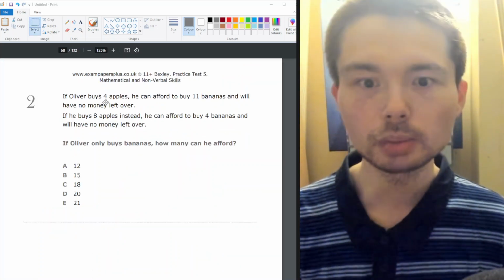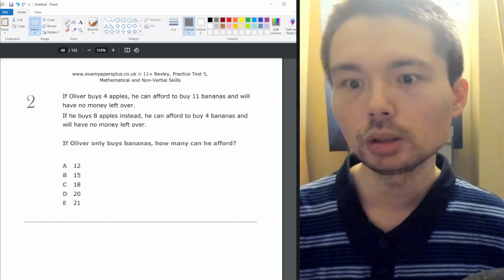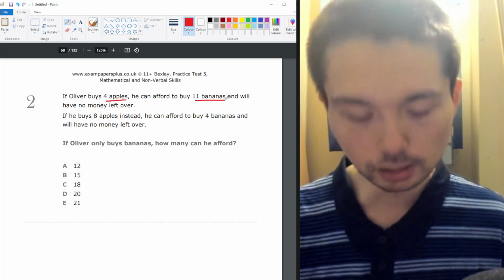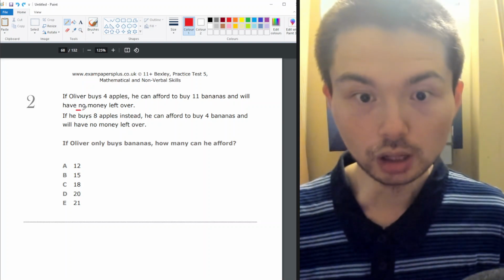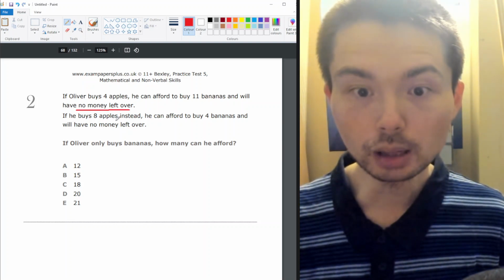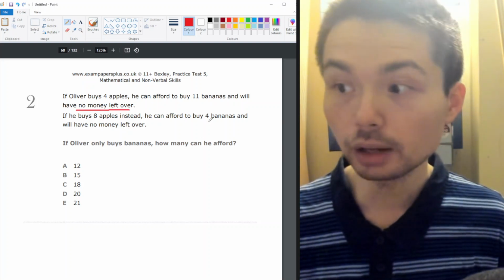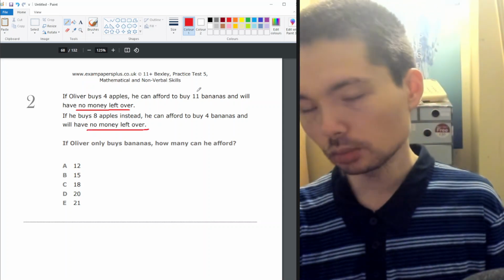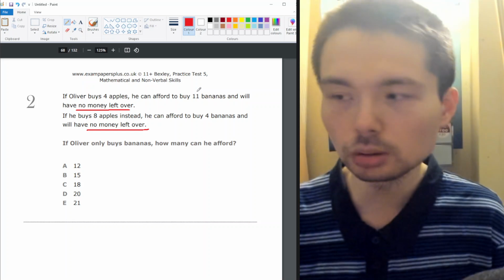Question 2. If Oliver buys 4 apples, he can afford to buy 11 bananas with no money left over. This is one of the hardest questions I've ever seen. If he buys 8 apples, he can afford to buy 4 bananas and no money left over. Okay, so why has William underlined those 2 key parts?